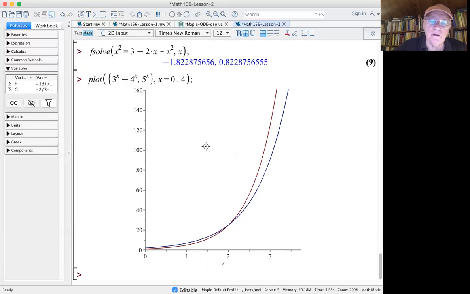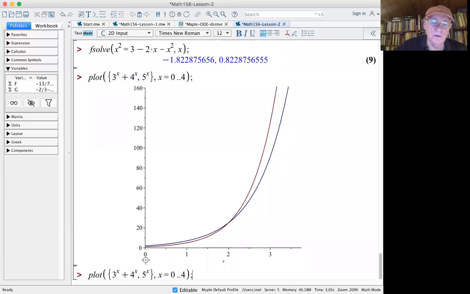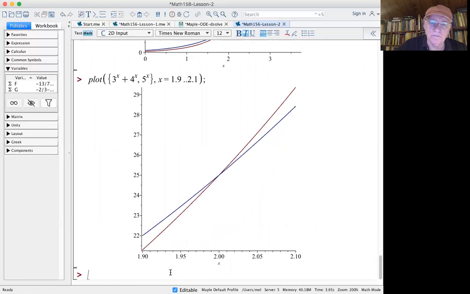What is that point? Let's blow it up a little bit. Looks like it's around 2, so maybe I'll graph it from 1.9 to 2.1. Wow.